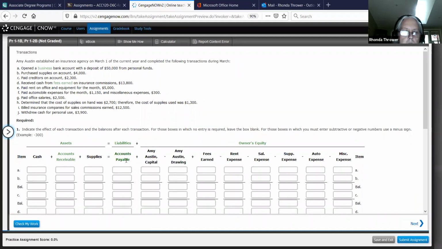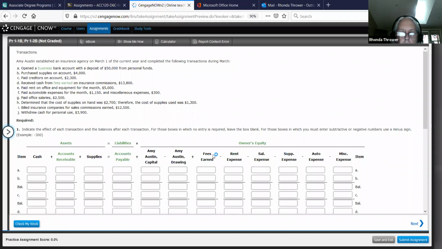Our liabilities example that we will be using in this problem will be accounts payable. Accounts payable is a liability account, which means you owe an amount to a creditor. The items that will affect owner's equity are the owner's investment, which we're going to record in the owner's capital account in this problem.